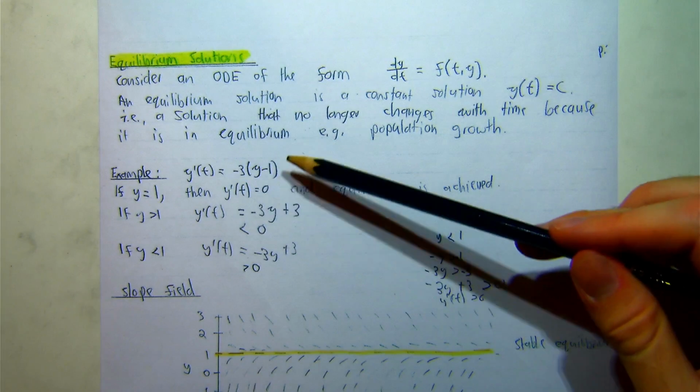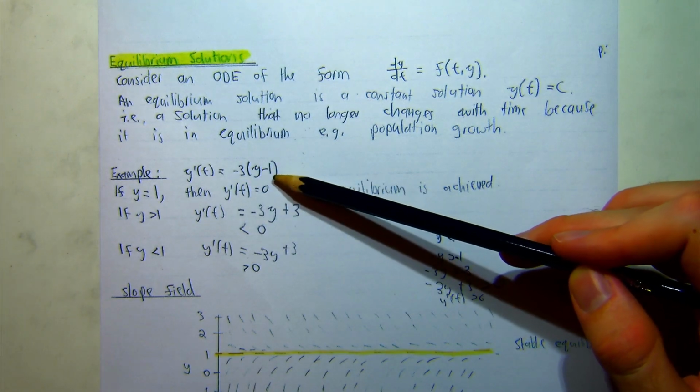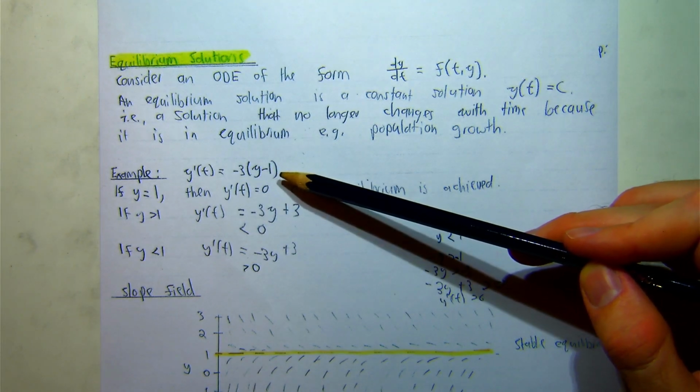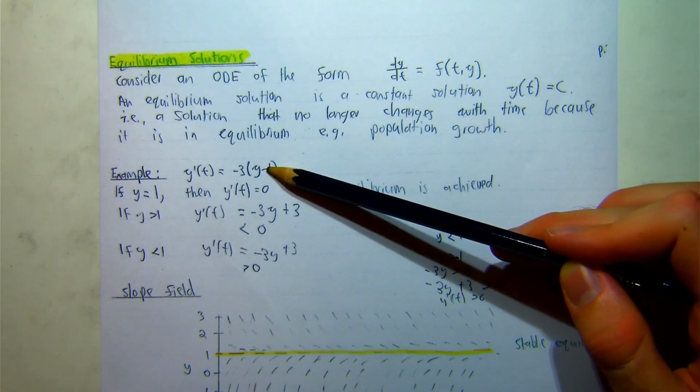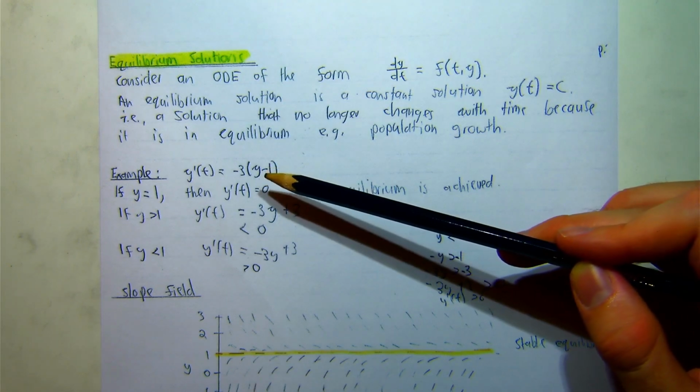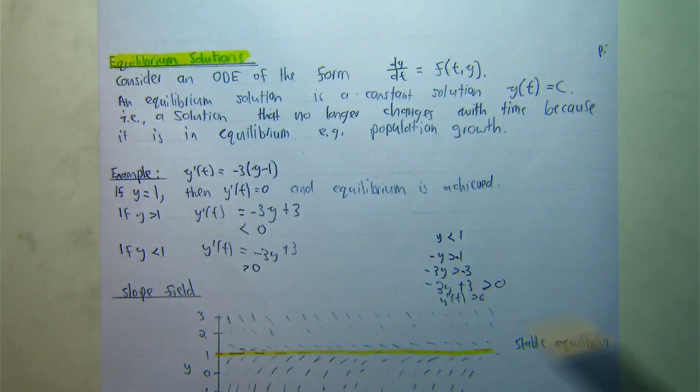When is this equal to 0? Well, it's equal to 0 when y is equal to 1. So when y is equal to 1, the derivative is going to be 0, and so the function y will remain constant. If it's already equal to 1, it will stay at 1 as time passes, and the derivative will stay at 0, and it will be in equilibrium and remain at 1 indefinitely.